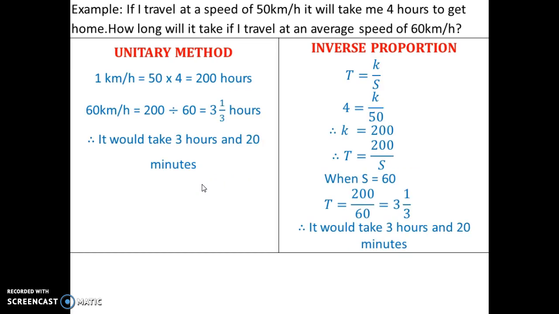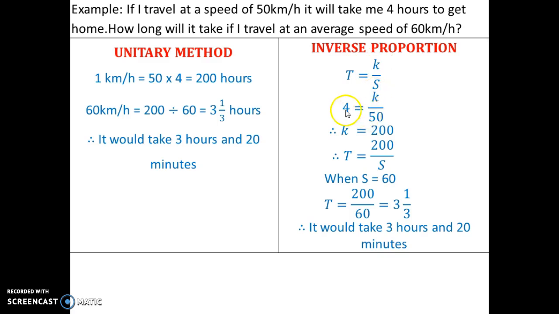The next example is if you travel at a speed of 50 kilometers an hour, taking 4 hours to get home, how long will it take if I go at an average speed of 60 kilometers an hour? So we know that because that speed's faster, our time will get shorter. So it's inverse proportion. I've set it up as time equals the constant of proportionality over the speed.